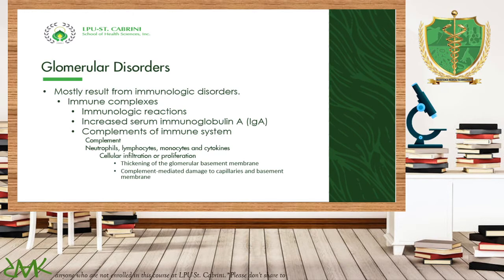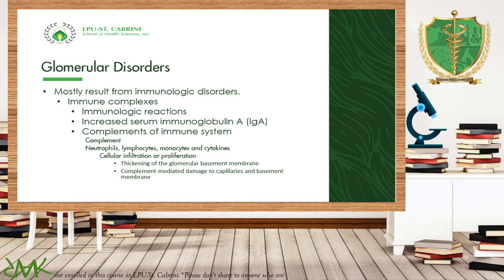The first thing that we are going to discuss today is glomerular diseases, or glomerular disorders. From the word itself, glomerular means the problem is within the glomerulus. Remember that most glomerular disorders originate from immunologic disorders.